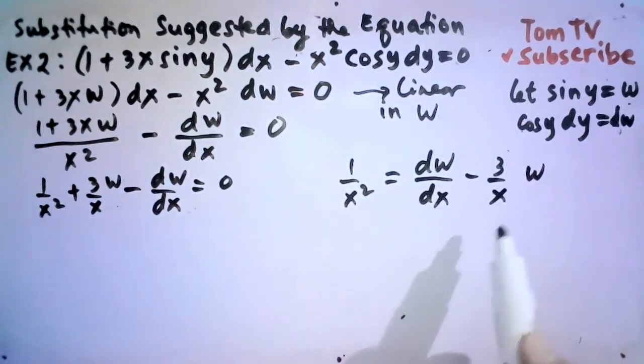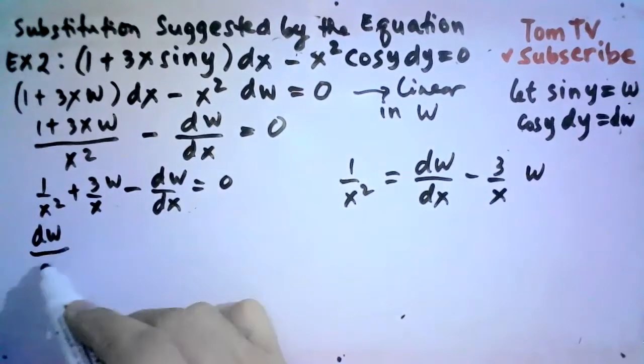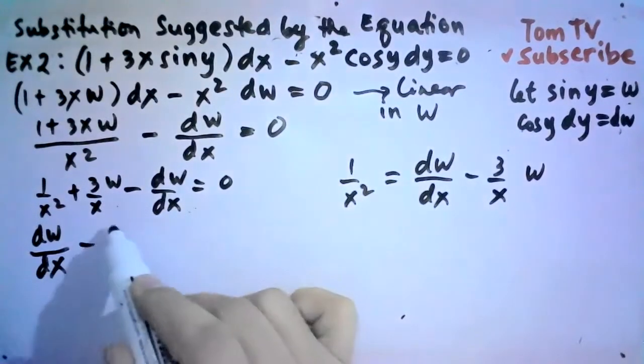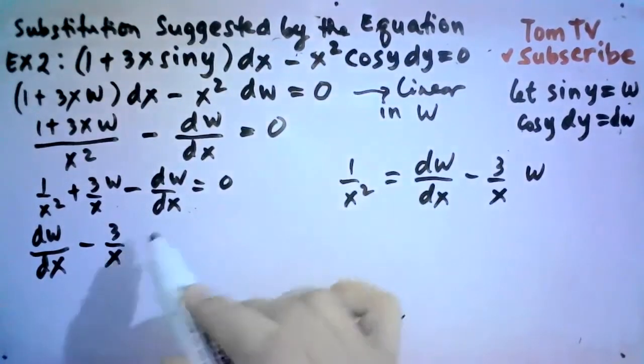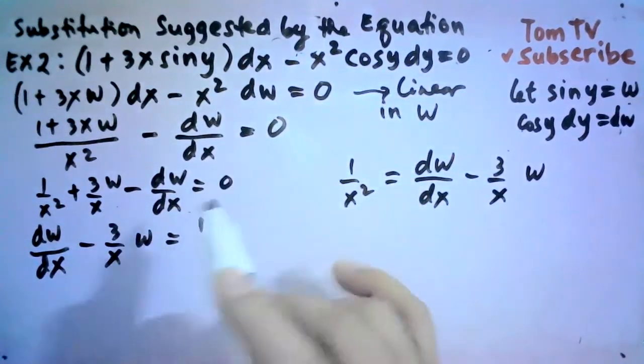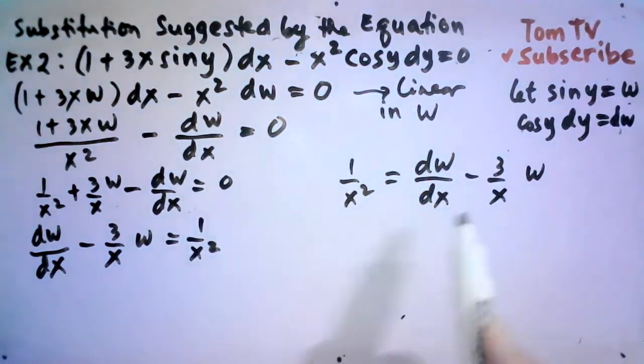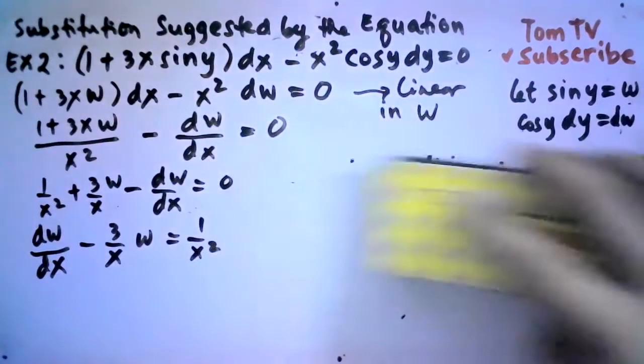Okay, so this will be the setup. So I will write this as dw over dx minus 3 over x w, that is equivalent to 1 over x squared. Okay, so this is what happened to this equation. So I will erase this so I have enough space.